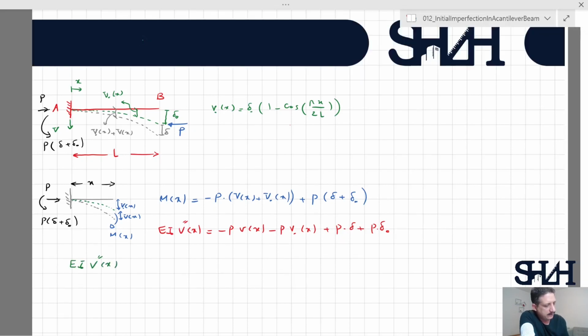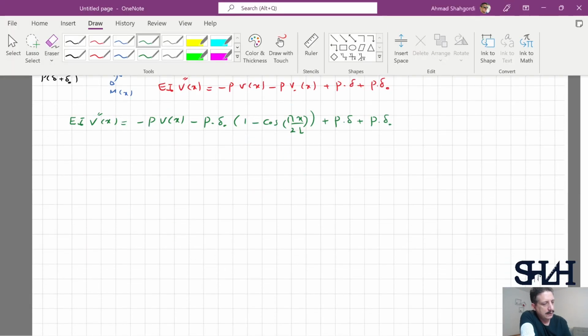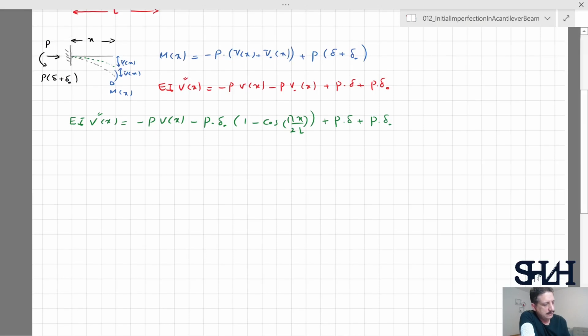EI second derivative of V will be minus P V at x minus P times delta 0, 1 minus cosine pi x divided by 2L, plus P delta plus P delta 0. I can expand the equation. EI second derivative of V will be minus P V at x minus P delta 0 plus P delta 0 cosine pi x divided by 2L plus P delta plus P delta 0.